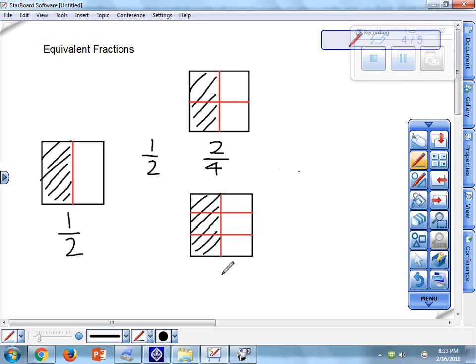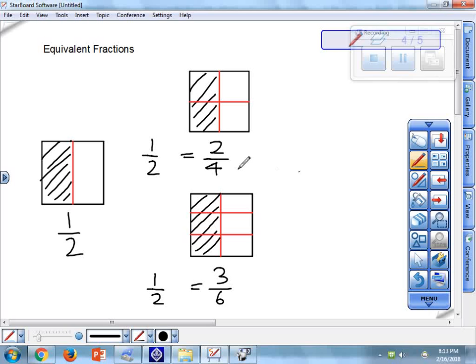And down below I have a fraction of 3/6, but again it is still equal to 1/2 because the amount of shaded area is still the same as it was in the original unit square that had the half shaded. So what we're noticing here is that by adding these extra cuts, I'm creating fractions equivalent to 1/2 but that have different numerators and denominator values.